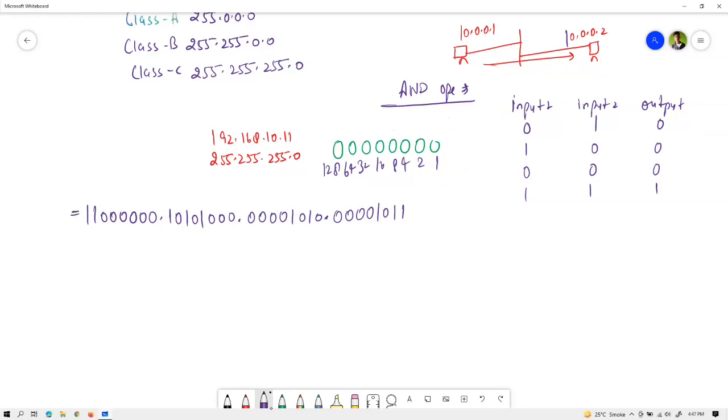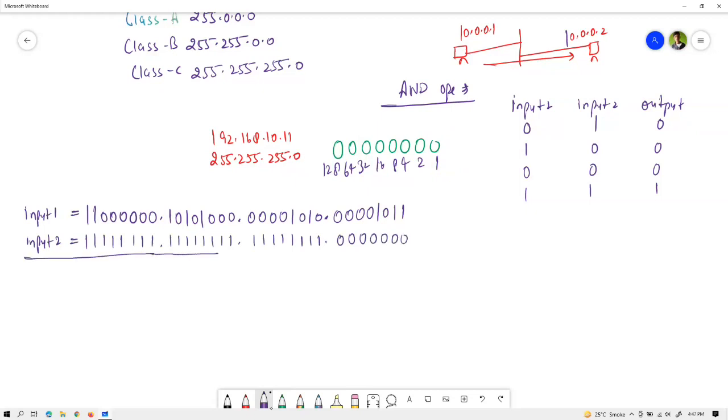You can write it as input 1. And then input 2 will be the subnet mask binary: all 1s, all 1s, again all 1s, and all 0s. Now let's run the AND operation.